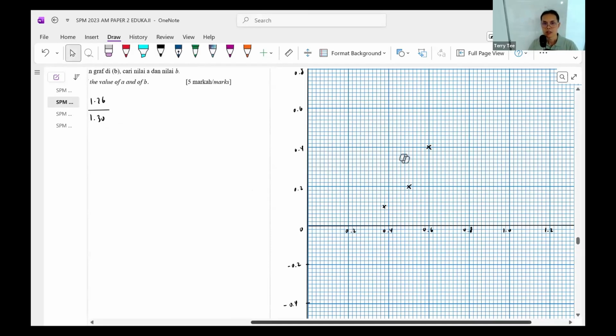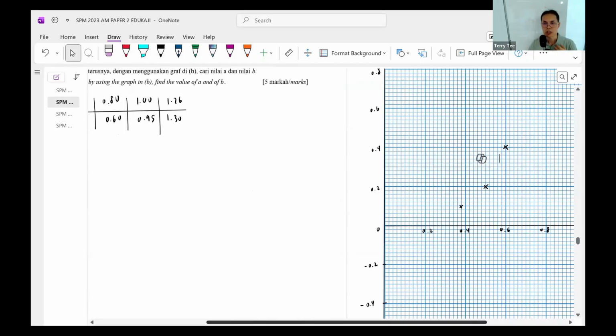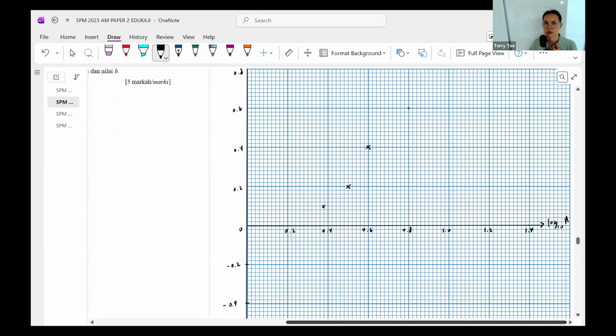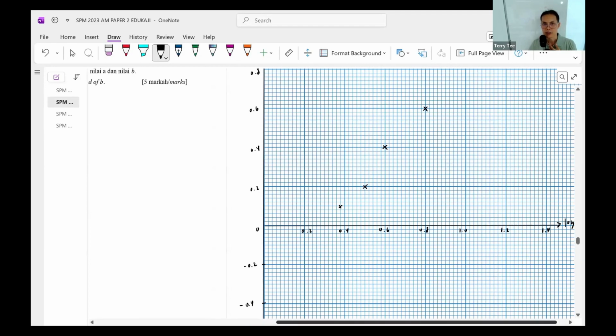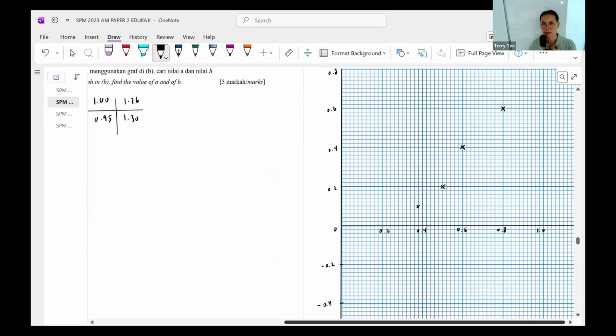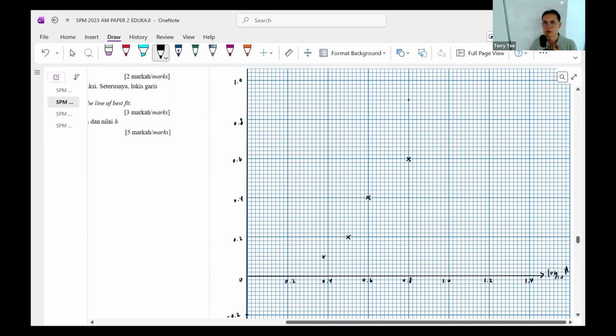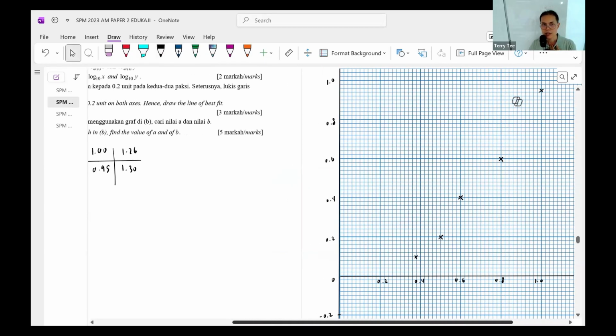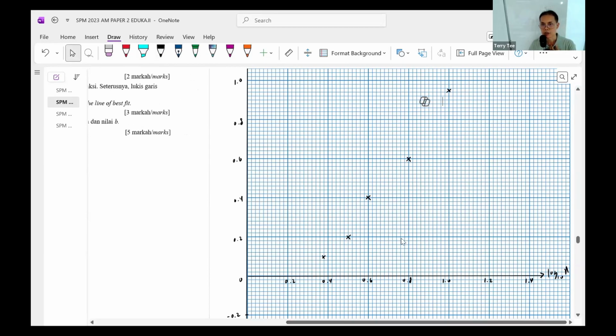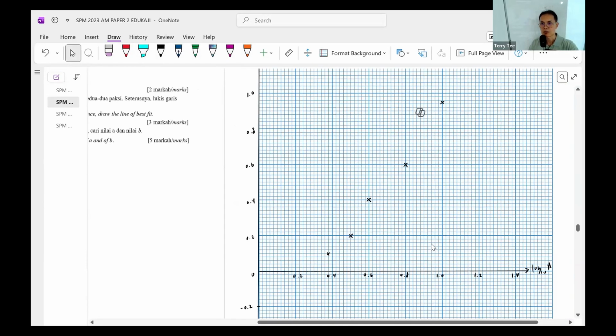Next we have 0.8, 0.6. All right. Oh, very nice, right? Next one, 1 and 0.95. 0.95 is in between. Right. Okay, last one is 1.26, 1.3.